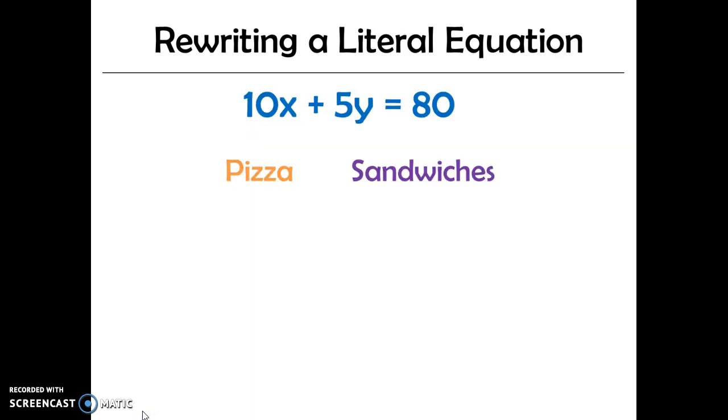They told us the amount of pizzas, and we're trying to find the amount of sandwiches. Well, if x represents pizza and y represents sandwiches, then we are trying to solve for which variable? For y. We already know x. They told us we're buying 3 pizzas. So first, we're going to get y all by itself before we plug 3 in for x.